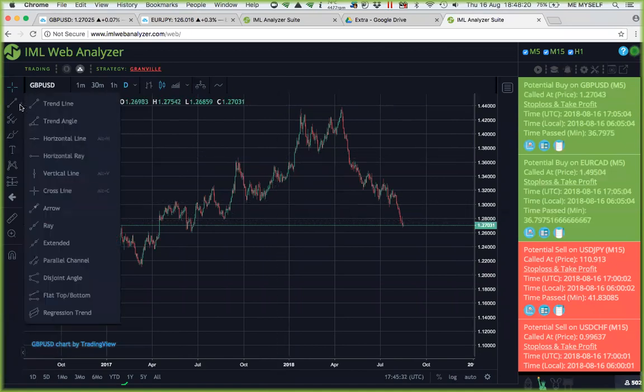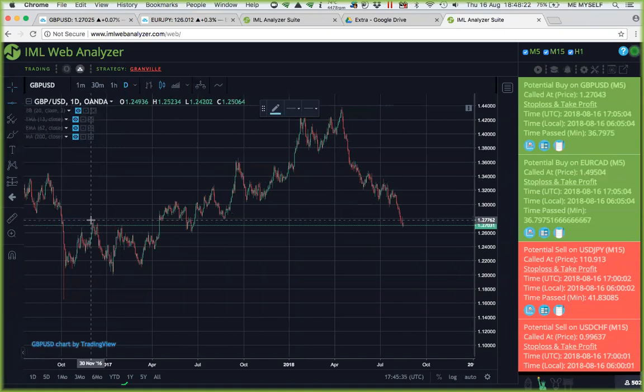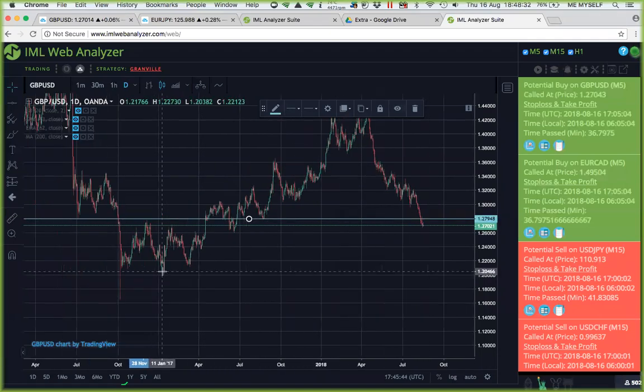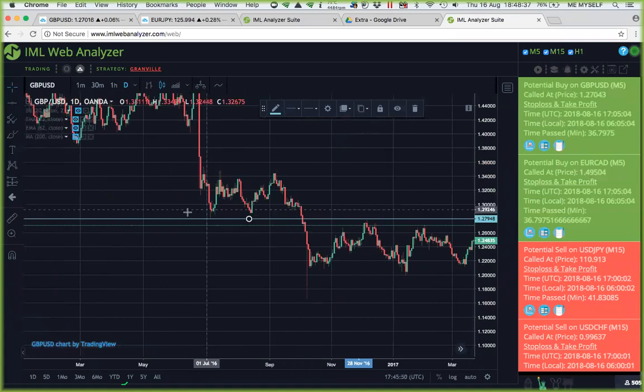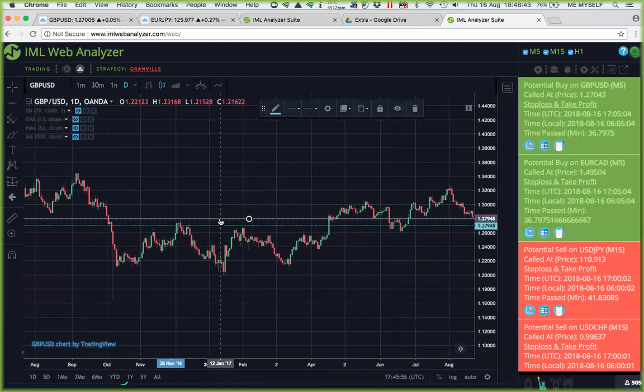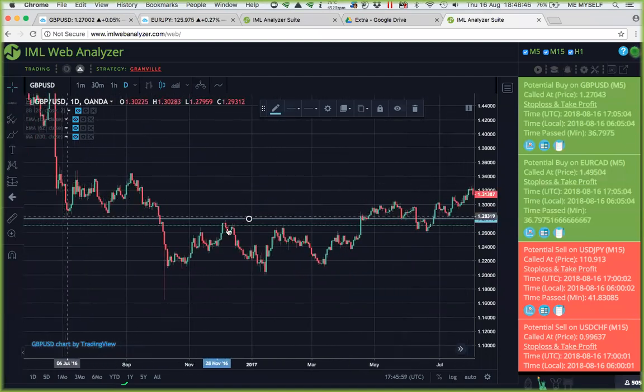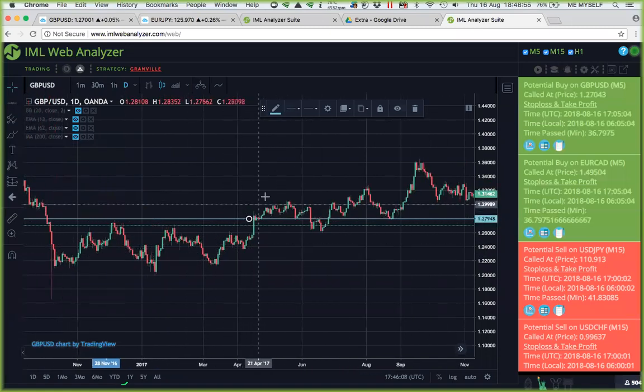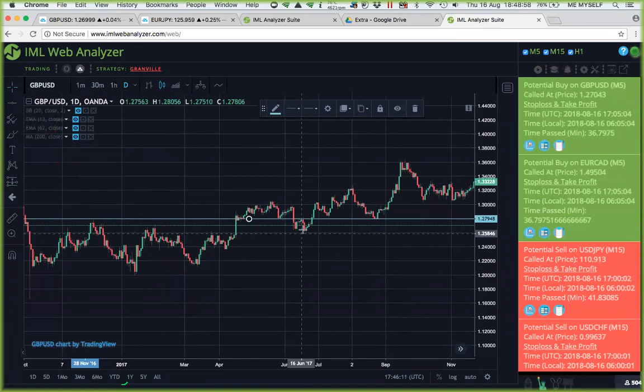So let's mark off some levels here. First, I like to do this daily level. I'm marking this off as a daily support and resistance level because here, if I zoom in a little bit, we have price pushing at this zone as a support zone. Then it pushes away and comes back up and tests as resistance. It pushes up, tests as support, pushes down, tests as resistance, pushes up, tests as support.